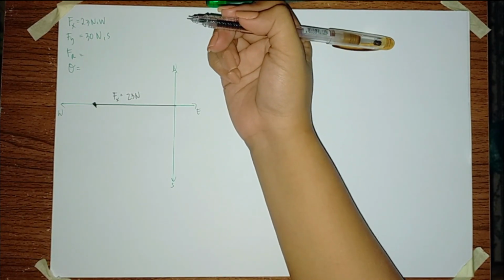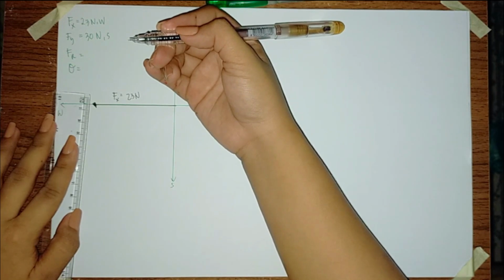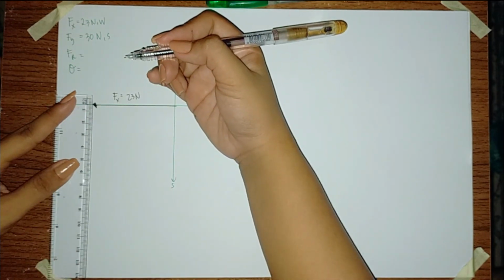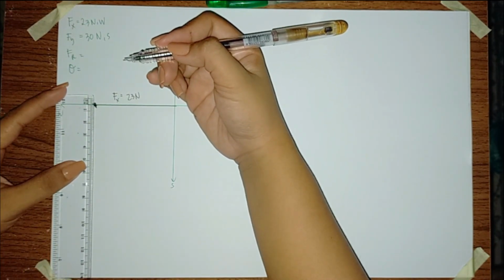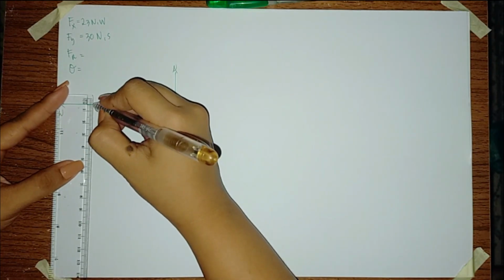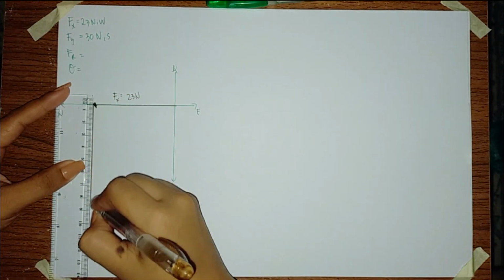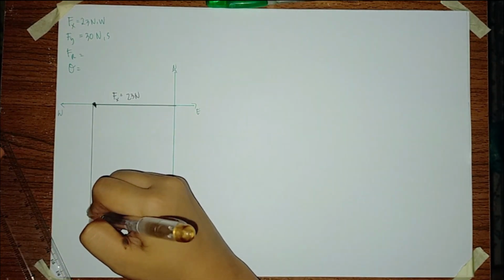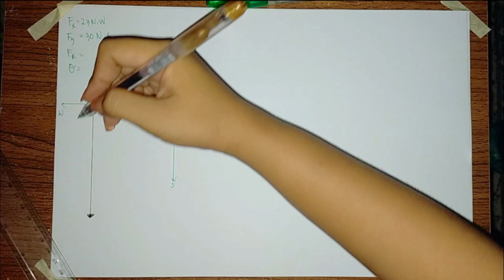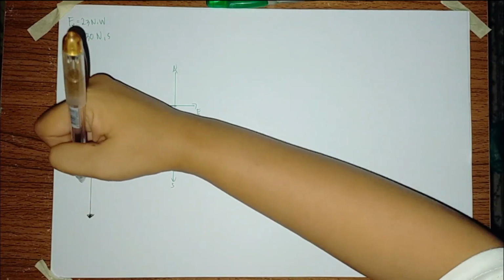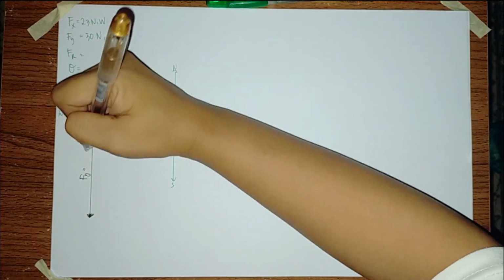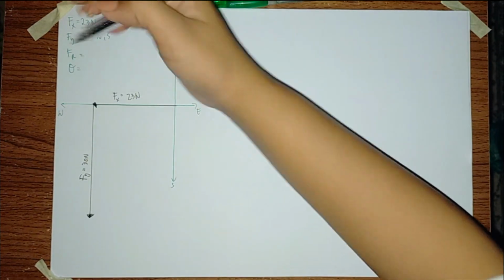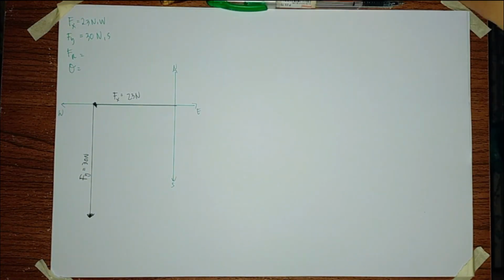Now, for our F sub y, let us have it here. So, this is our F sub y. This is 30 newtons.